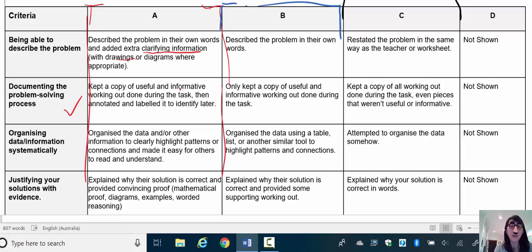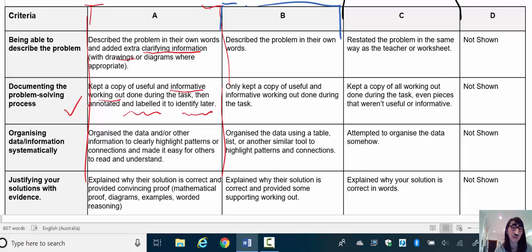Okay, as you did during the lesson when you recorded your journal, that's informative working out during the task, then annotate it and label it to identify it later. As I mentioned before, that refers to your reflection journal, and might also be a part of your method.